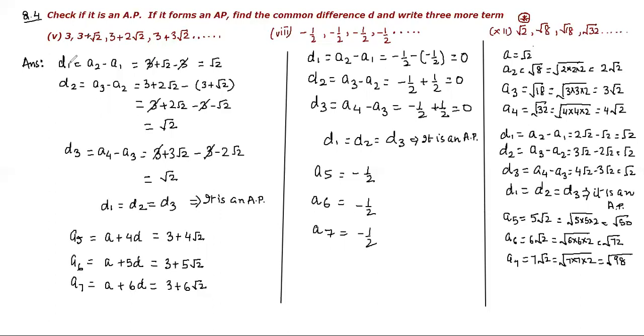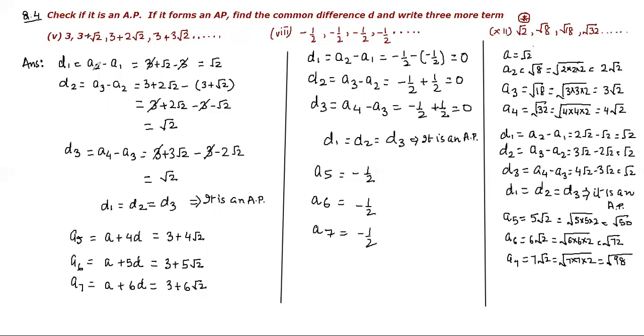Now this is d_1. He wants you to check whether it is an AP or not. If it is an AP, children, you will find out all the possible d's up to the given terms. That means if there are 1, 2, 3 and 4 terms given, how many d's are you able to calculate? So first d is when you subtract a_2 minus a_1.